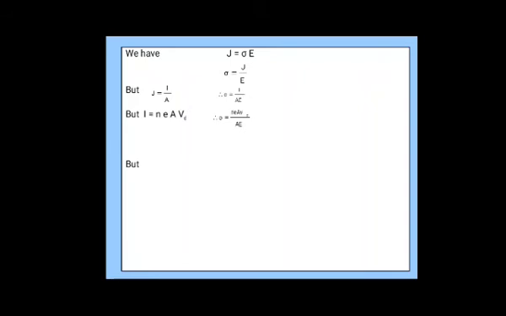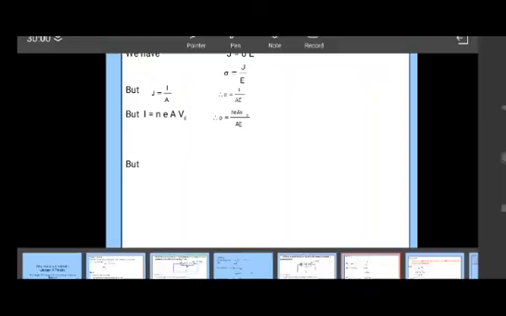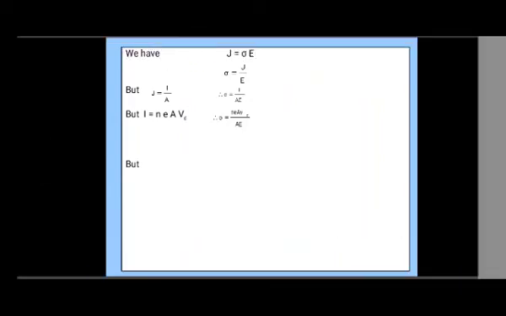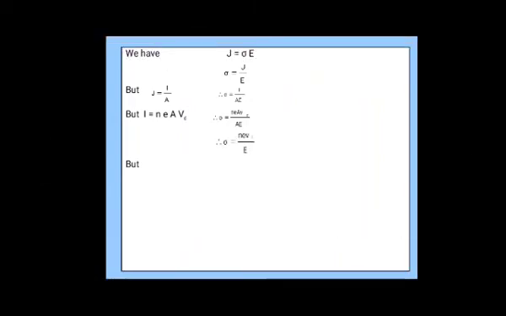So let us substitute in the numerator: instead of I you write nAeVd, divided by AE. In this you can cancel this A and this A. If you cancel, you will get sigma is equal to neVd divided by E.